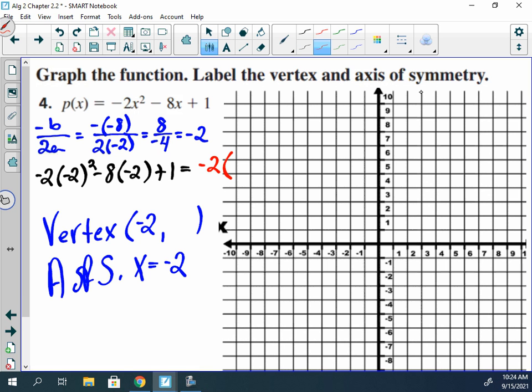Now negative 2 squared would be positive 4, because negative 2 times negative 2 is positive 4. Negative 8 times negative 2 is going to be plus 16 plus 1. 4 minus... 16 plus 1 is 17. This gives us 9.